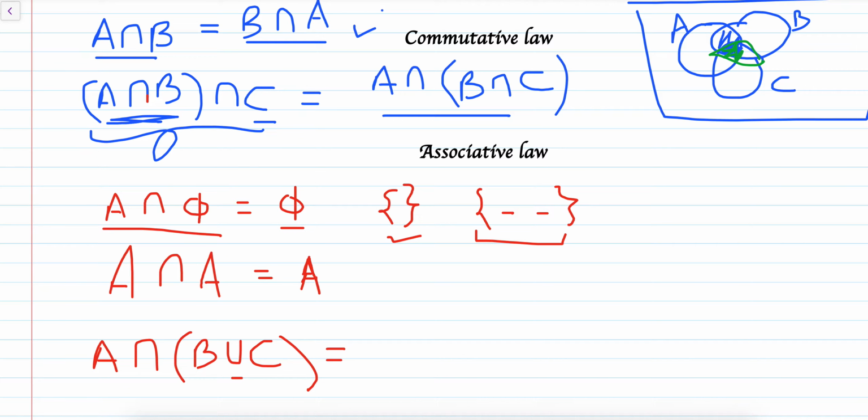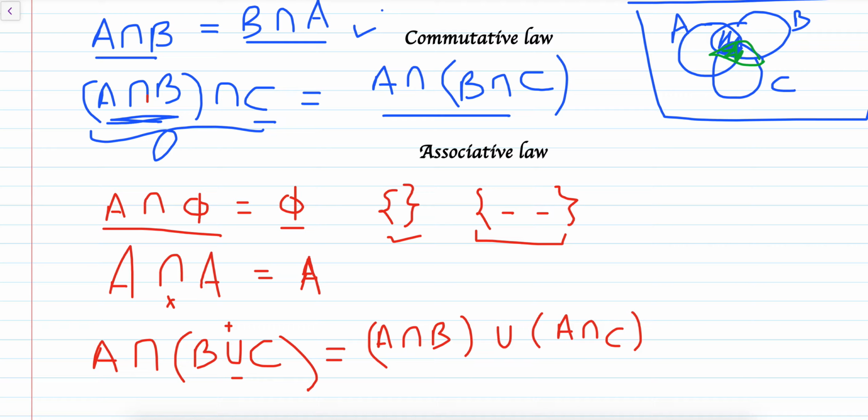So this will be equal to A intersection B union A intersection C. So if we treat this intersection as multiplication and union as addition, then all these formulas, this would be a shortcut kind of thing.